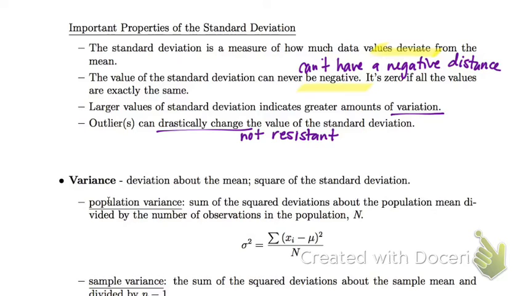So I'm going to give you two examples of sets of data that have the same range. Out to the side, here are two distributions, and let's say that they both go from 1 to 10.